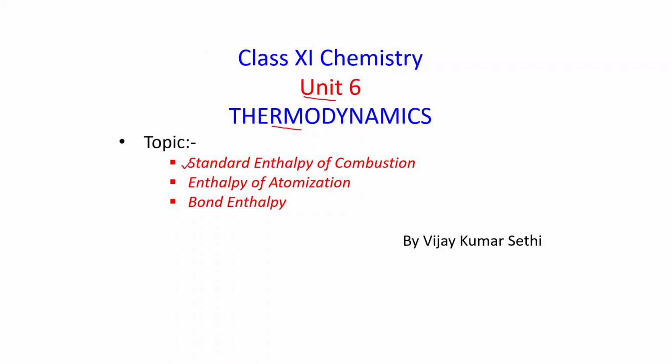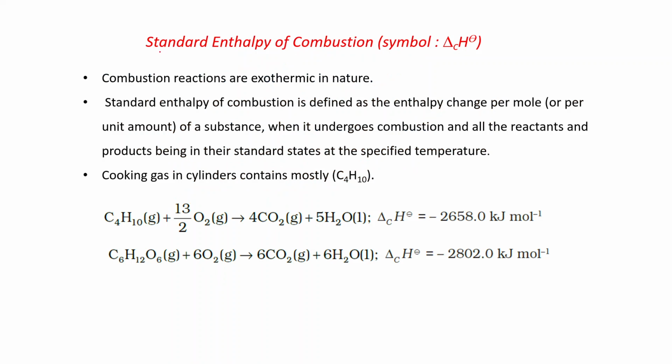In this video we will discuss standard enthalpy of combustion, enthalpy of atomization and bond enthalpy. First, standard enthalpy of combustion. This is represented like this: delta C H, with the symbol for standard. As we know, combustion reactions are exothermic in nature, that is, heat is evolved during combustion.